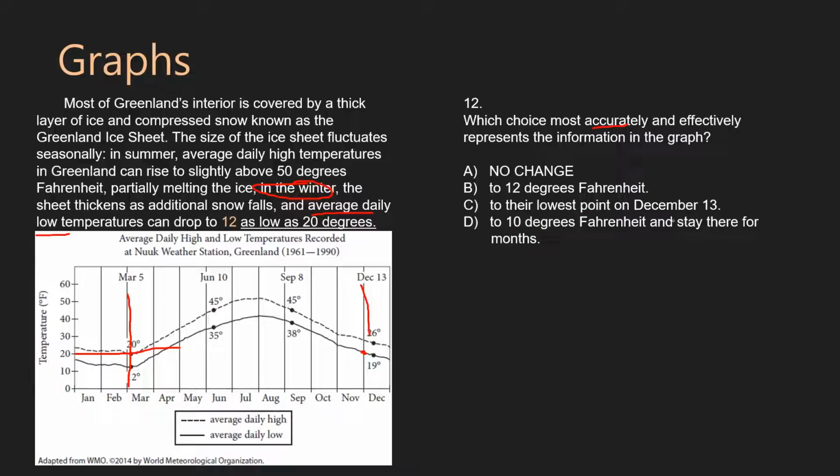D, to 10 degrees Fahrenheit and stay there for months. Well, did it drop to 10 degrees and stay there for months? No, it did not. So, although I can't precisely say that it's 12 degrees, the other choices are just totally off. And B is kind of right. It looks roughly right for a graph. So that's going to be my answer right there, B.